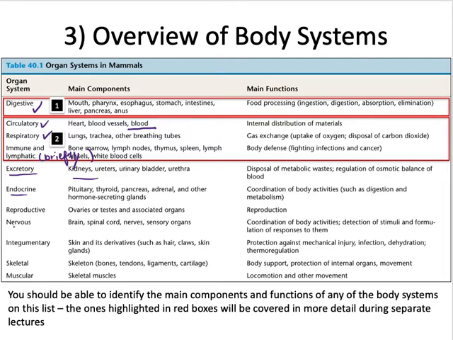Our nervous system transmits neurosignals or neurotransmitters. The integumentary system includes the skin and its derivatives. And then, of course, our skeletal and muscle systems include our bones and muscles, which are important in the support of the body and movement of our body. So you should know the general functions of each of our body systems.